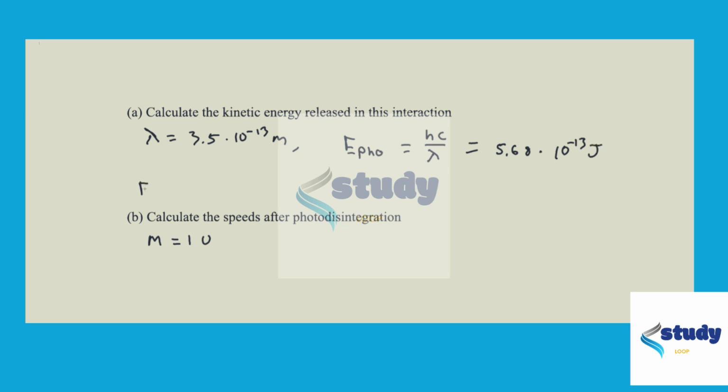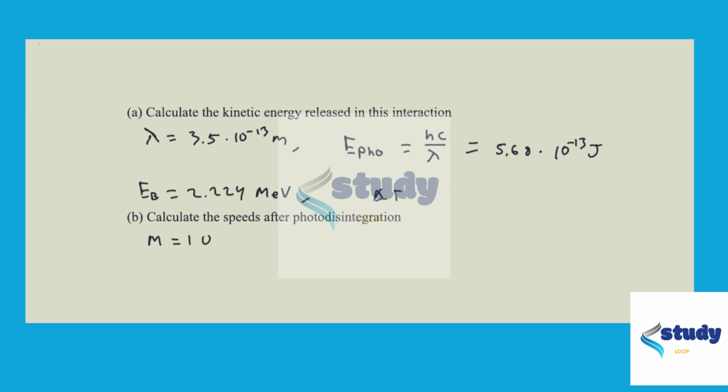Now, we can look up the binding energy of the deuteron, and we can find that this is equal to 2.224 mega electron volts. Now, since the photon strikes the deuteron and splits it, the kinetic energy released is the difference between the energy of the photon, which is destroyed, and the binding energy of the deuteron.